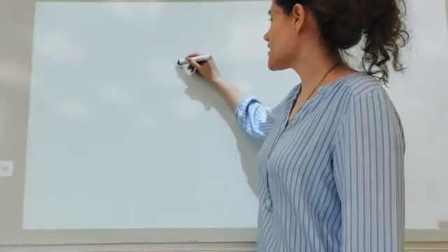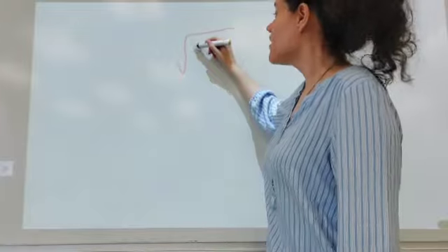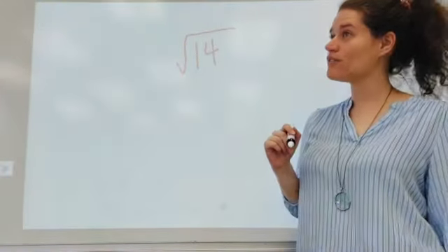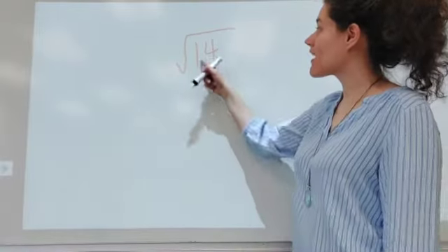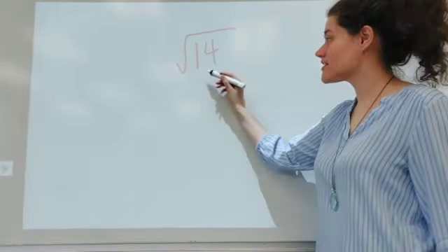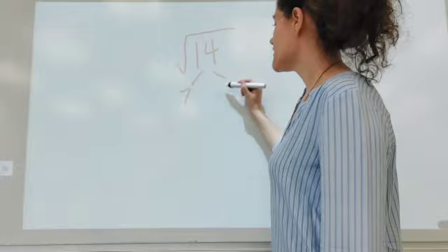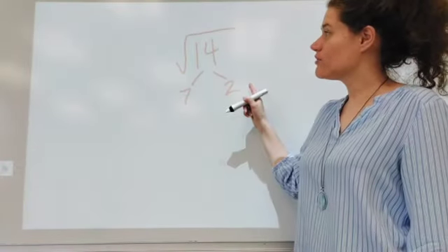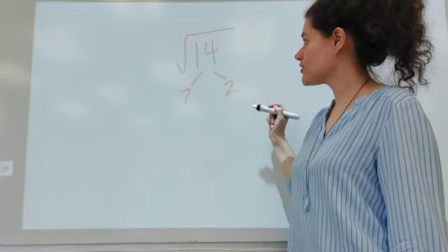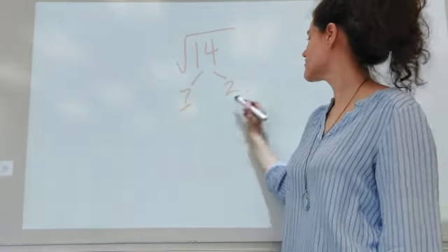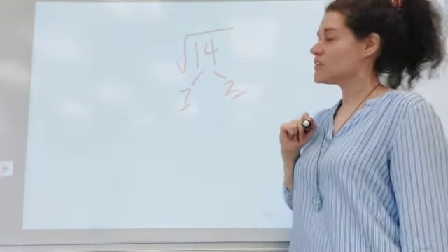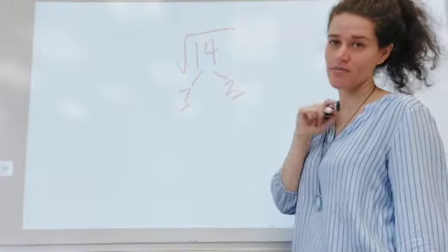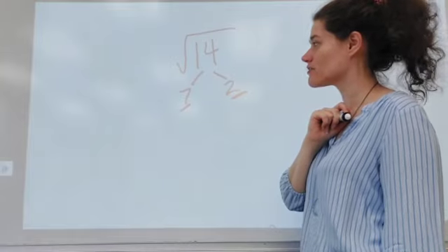All right, let's see another special example. Let's say I was going to take the square root of 14. So with the square root of 14, I know that this can separate into 7 times 2. So here, 7 and 2, those are both done. They won't go any further. So I don't have any groups of 2 that I'm looking for because my index is 2.